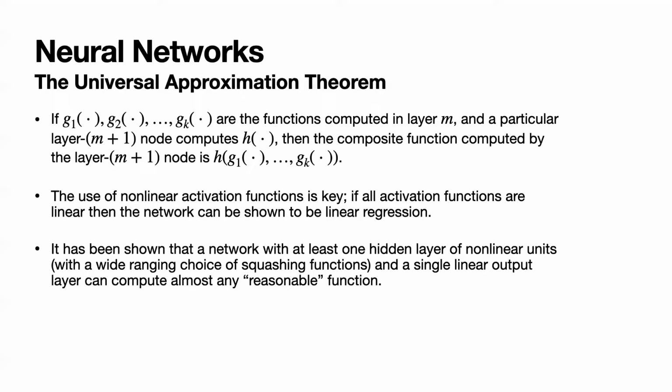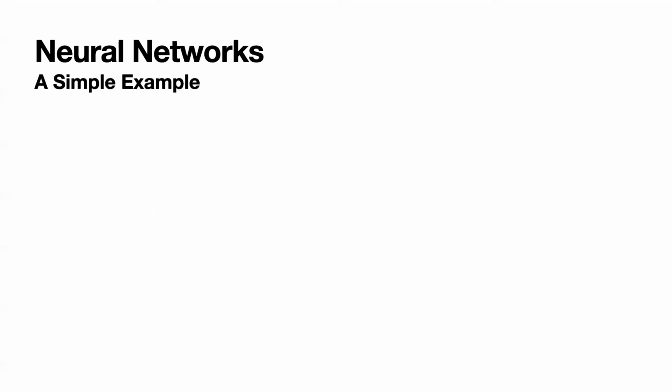As long as you have one layer that has these nonlinear activation functions, then these neural networks can approximate almost any reasonable function. That's the statement of this universal approximation theorem, which to people practicing machine learning is good, right? Our whole goal is to find this target function that we don't know. And this gives us a tool.